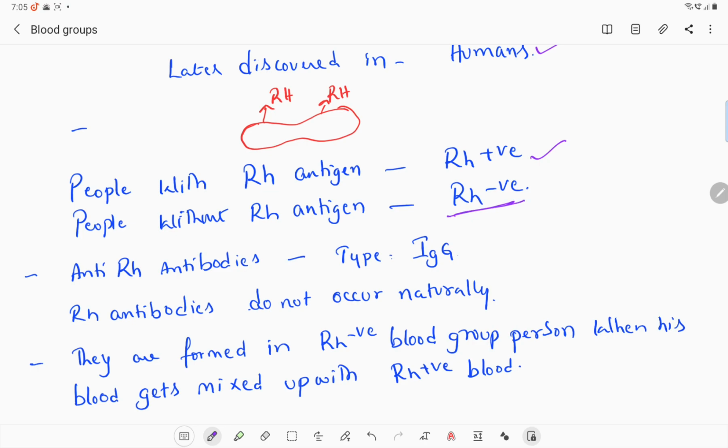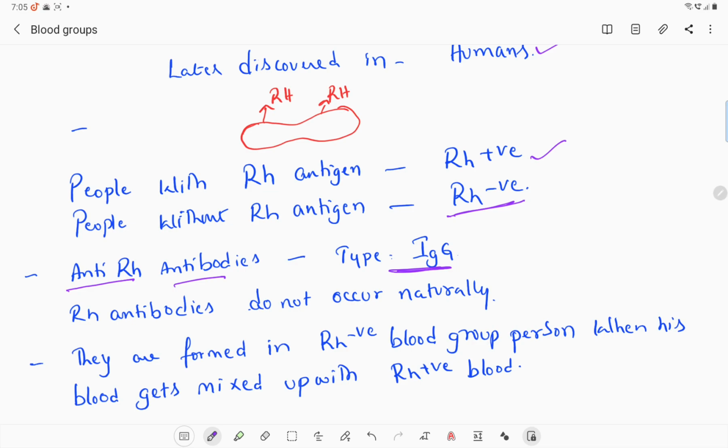Anti-RH antibodies are IgG type. The antibodies for RH antigens are IgG type. RH antibodies do not occur naturally. That means in an RH positive person, RH antibodies are absent, and in an RH negative person also RH antibodies are absent naturally.